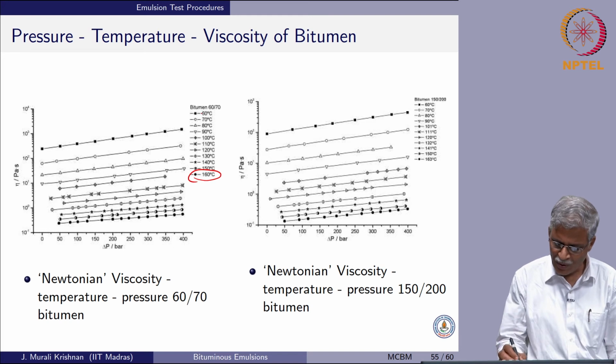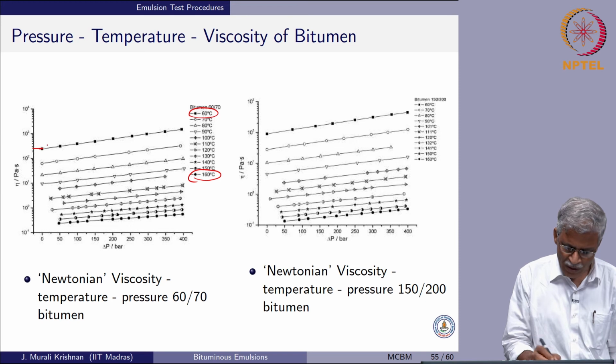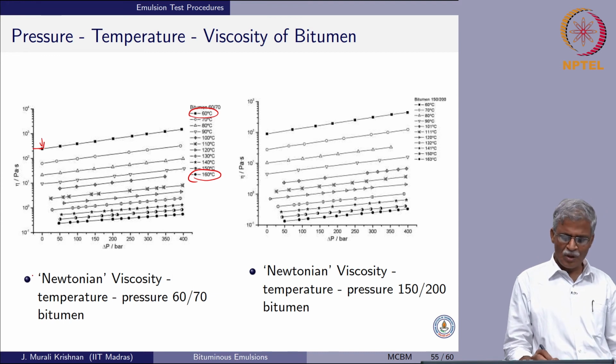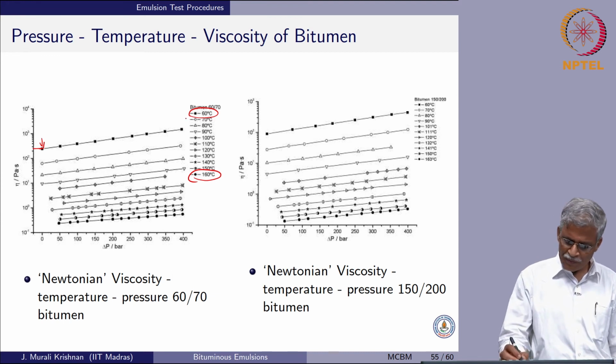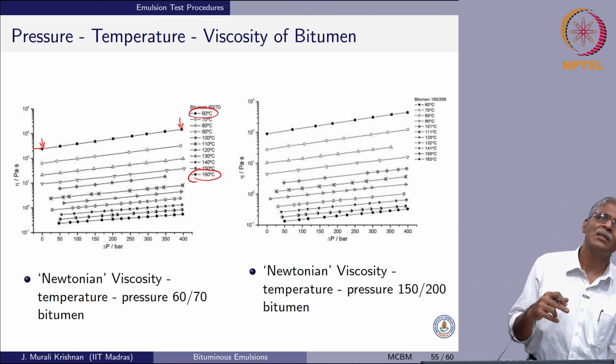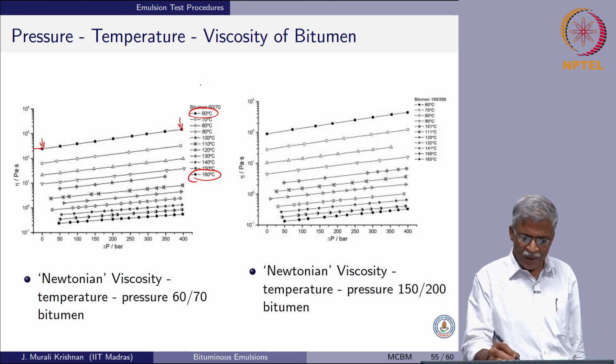So, you may not really appreciate it, but if you look at 60 degrees centigrade, if under normal conditions, zero pressure, the viscosity is, let us say, of the order of 200, and if you take it to, let us say, 400 bar or something, it can go 5 times, the viscosity can increase 5 times, and this is for one grade of bitumen.